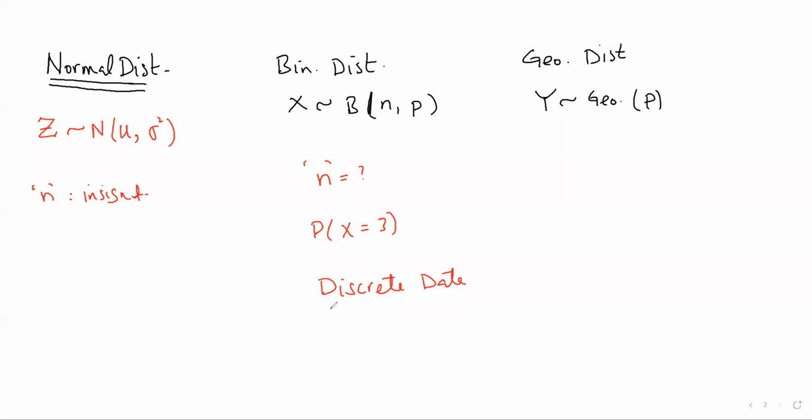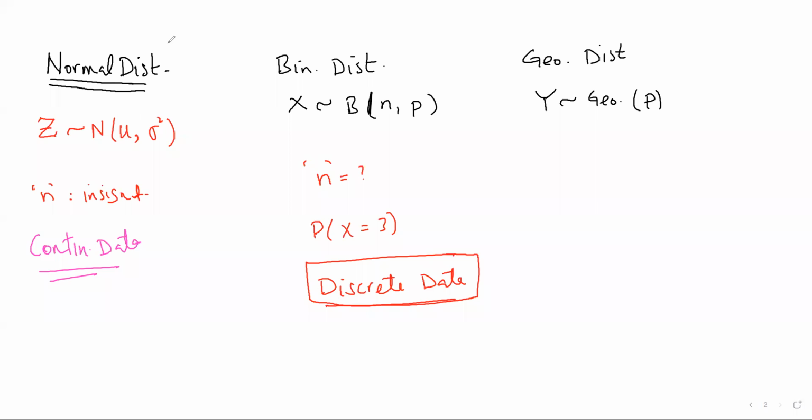This does not happen in the binomial distribution; we totally deal in discrete data. The normal distribution is totally opposite to it. We deal in continuous data when we study this, and we're going to solve problems on this normal distribution. So this n is insignificant here. We have to have the continuous data.